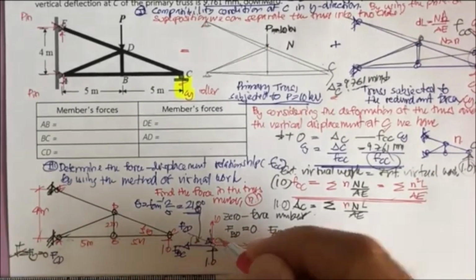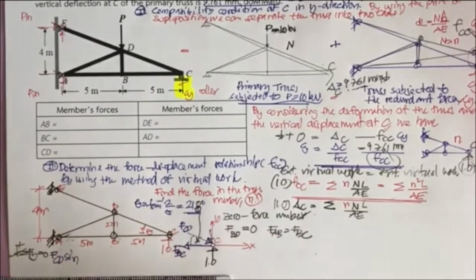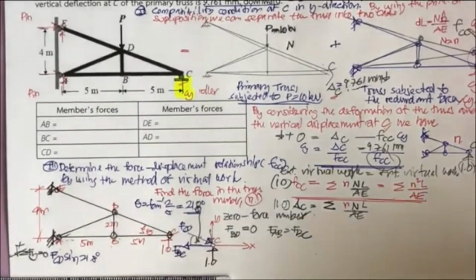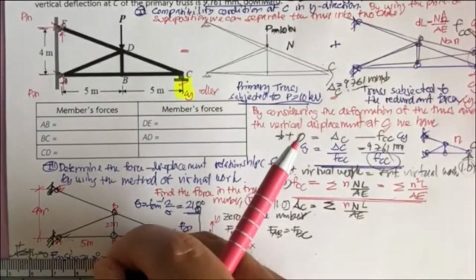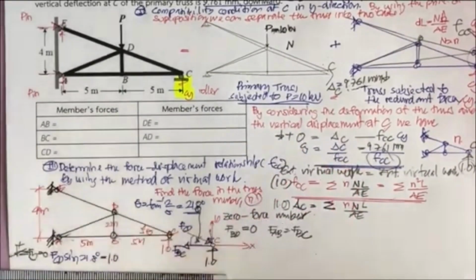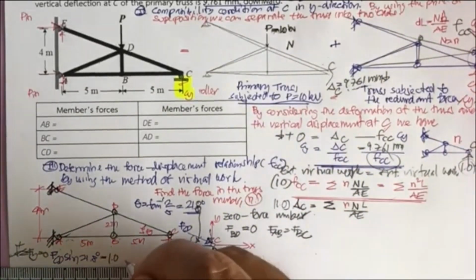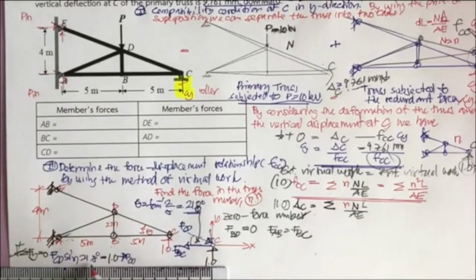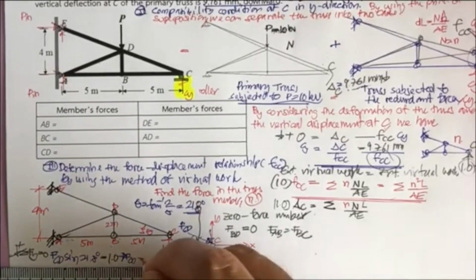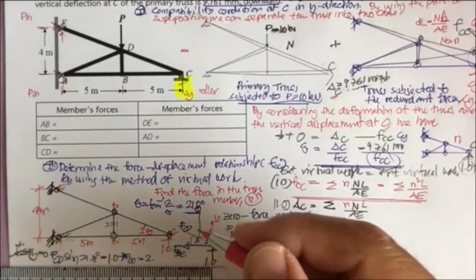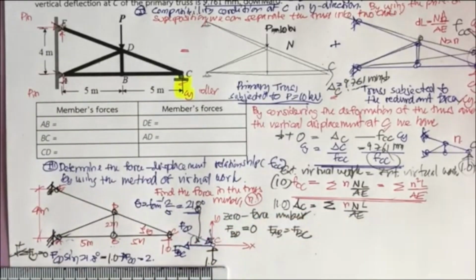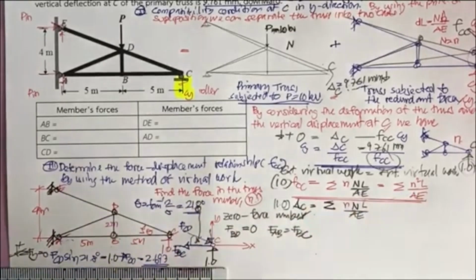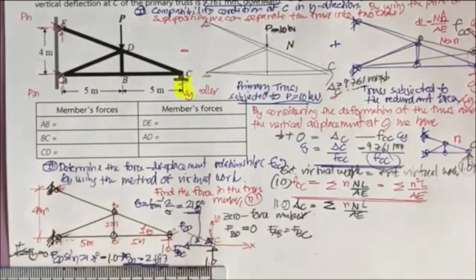You're going to project in vertical direction, sine 21.8 degree, and then you get this one equal to 1.0. So your F sub CD is going to be 1 divided by sine 21.8. That is going to be 2.693. Okay, that is going to be your F sub CD.